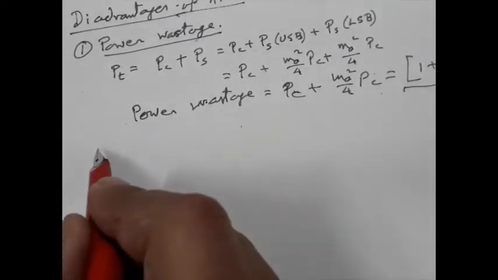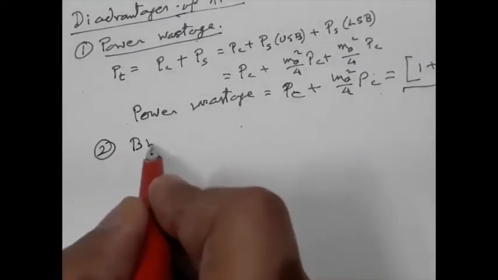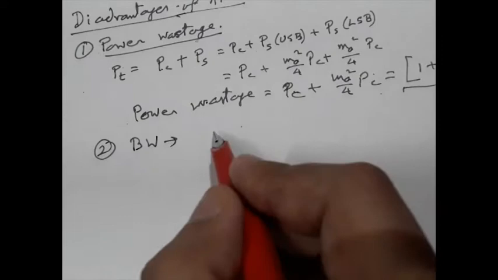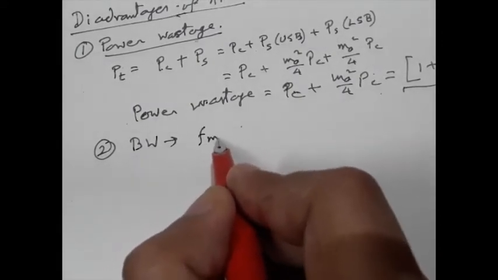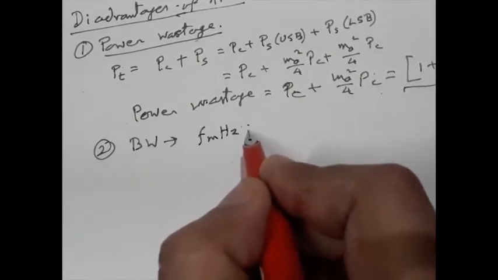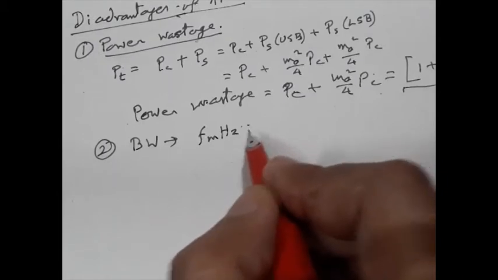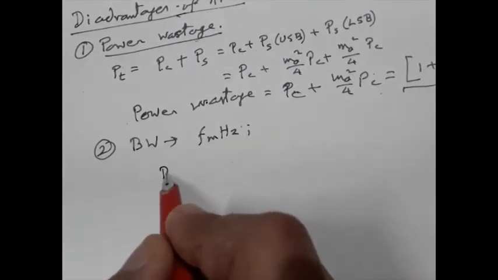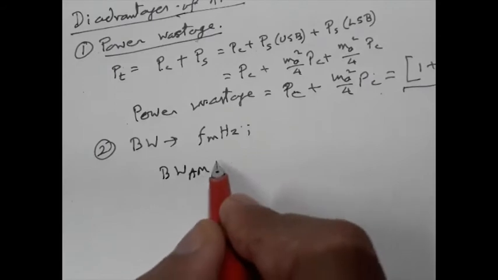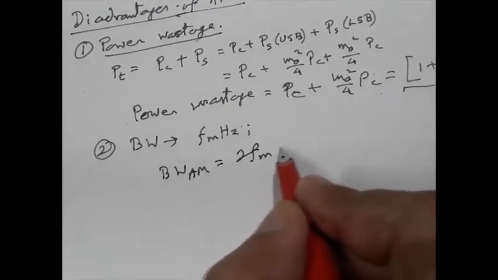Next problem is the bandwidth. If fm Hz is the bandwidth of the modulating signal, then the bandwidth of AM is twice fm Hz.